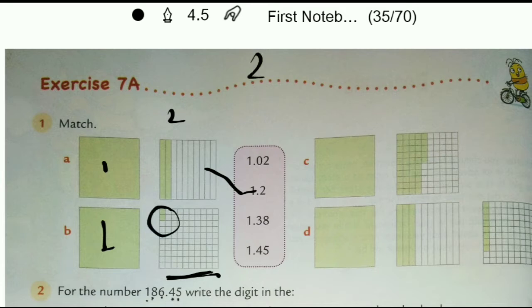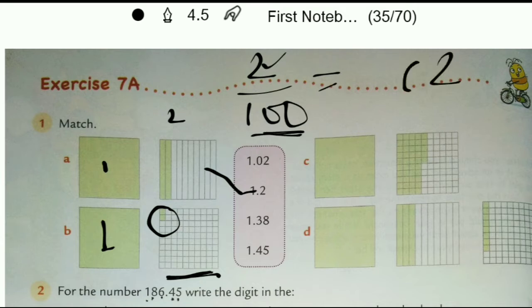So it means 2 upon 100, and 2 upon 100 we can represent like this. This is one number and here having 2 0. So how we will write? 2 0 and decimal. So the answer is 1.02. This answer is this one.